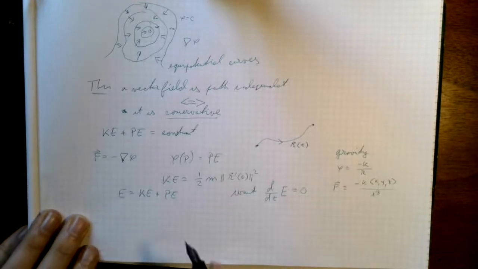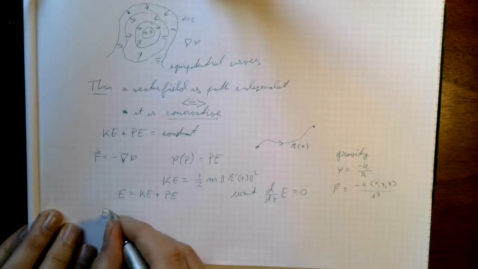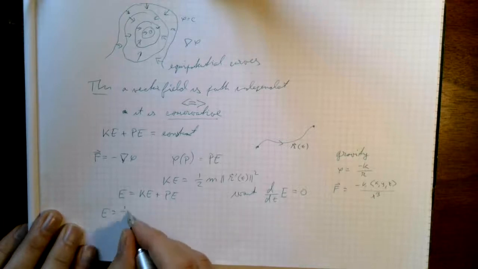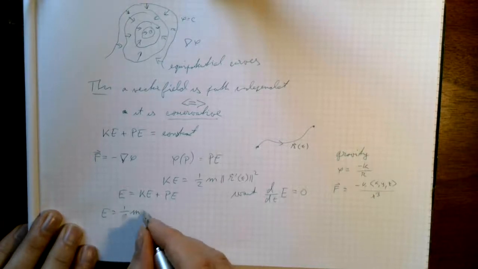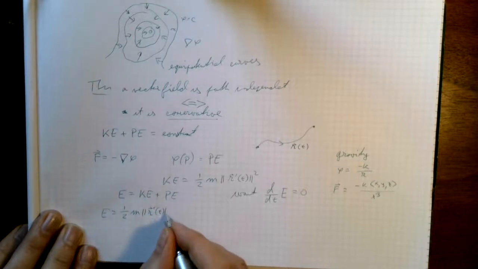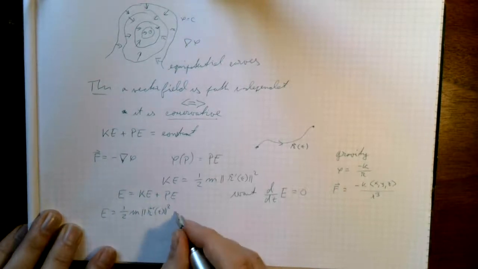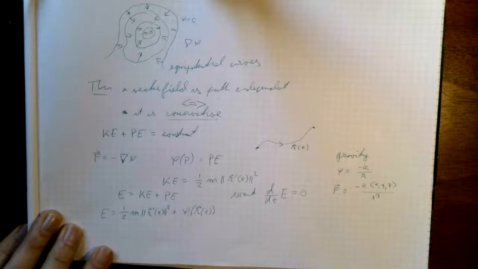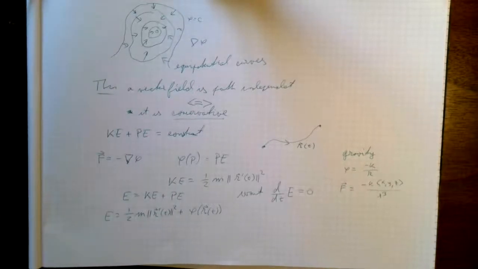So let's look at what E is. Let's put the kinetic energy in there: 1/2 m r prime of t squared, plus the potential energy, phi of r of t. That's the total energy of this particle.